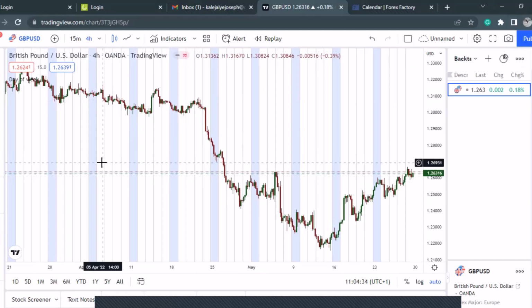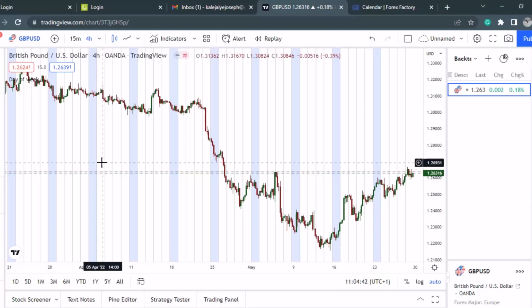So basically, what I'm going to look at is the concept of Quarters Theorem in reference to psychological levels, which are almost the same thing. Quarters Theorem states that price tends to move in a 1,000 pip range, either to the upside or to the downside.